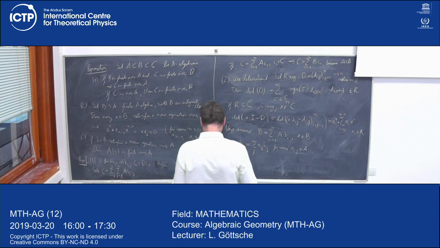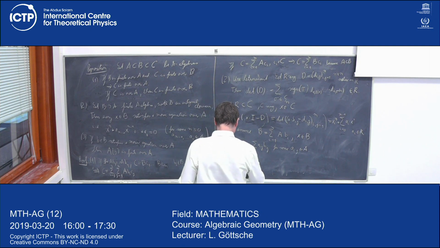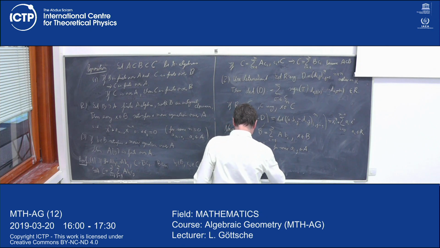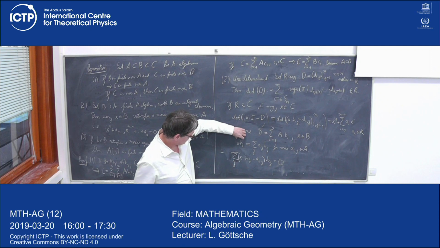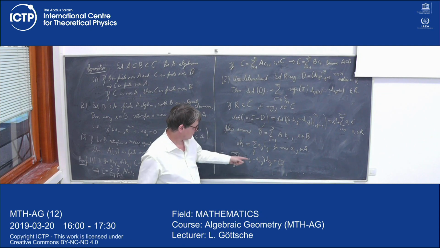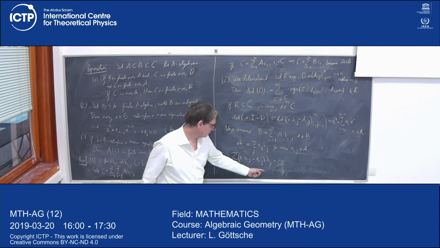So I find that if I take the sum over all j of x times delta_ij minus a_ij times b_j, this is equal to 0, because precisely this term is just x times b_i, which is the sum over all j of x times delta_ij times b_j, and the other term is this.